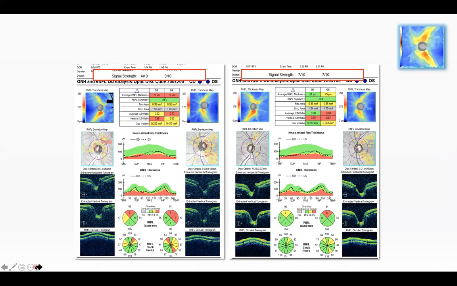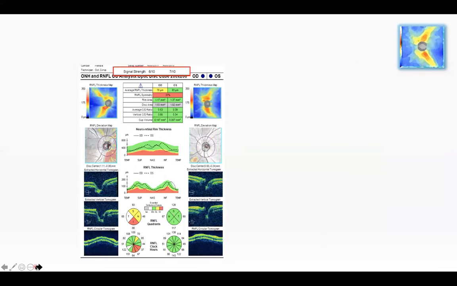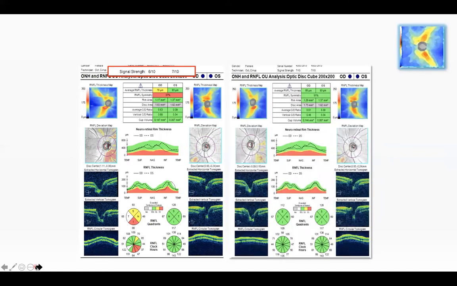So you have to rescan patients until you have good quality scans. This OCT has a good signal strength, at least acceptable, 6 to 7. But the right eye shows a lot of reds and yellows. Why? Rescan again, and the OCT is completely normal.